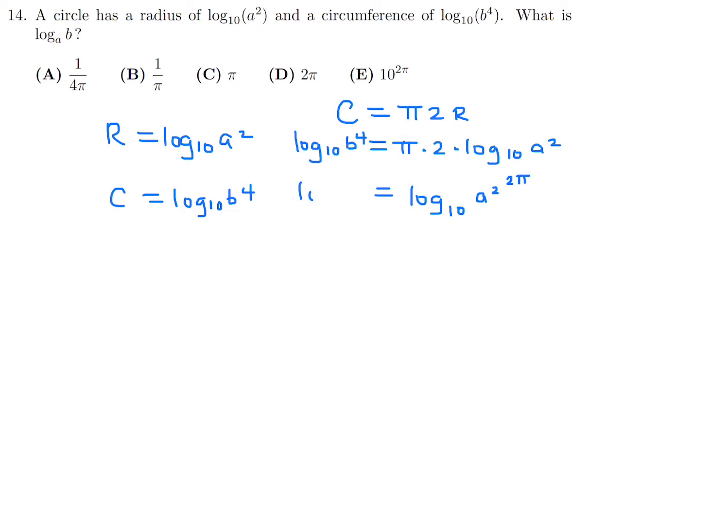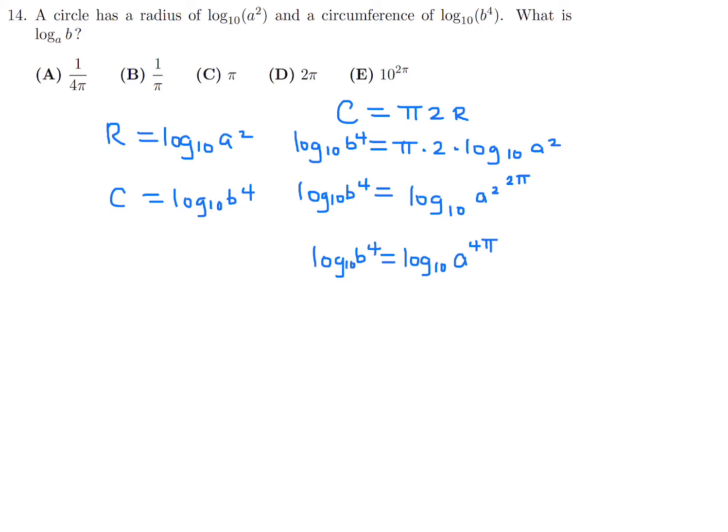That's part of the log rules. And this side stays the same. And then at this point, we can combine these exponents. So it becomes a 4 pi log of a to the base 10. And this is the log of b to the power 4 to the base 10.